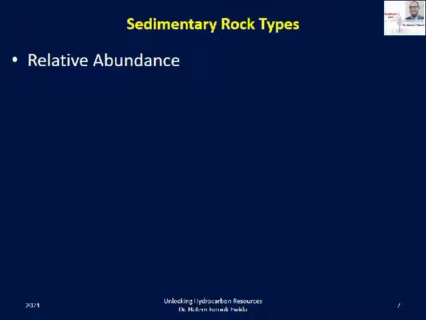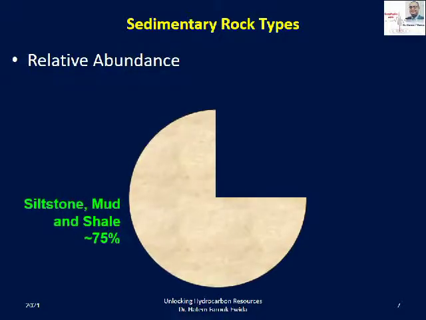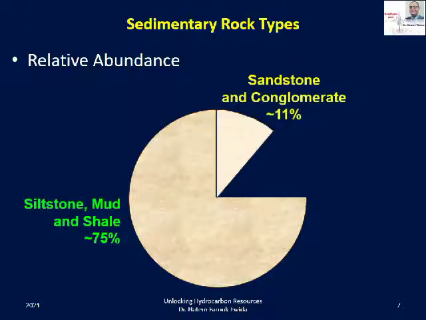So the main types and relative abundance of these sedimentary rocks: we have siltstone, mudstone, and shale, and this type of rocks forms about 75% of the sedimentary rocks in the Earth's crust. The second is sandstone and conglomerate, which comprise only about 11%.